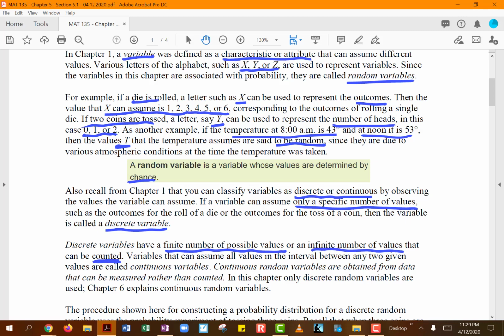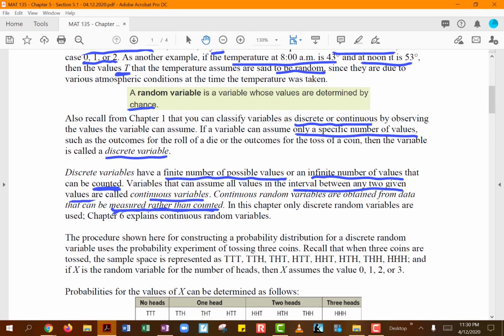So remember, discrete variables are the variables that can be counted. Variables that can assume all values in the interval between any 2 given values, we call continuous variables. So again, continuous variables are obtained from data that can be measured rather than counted.